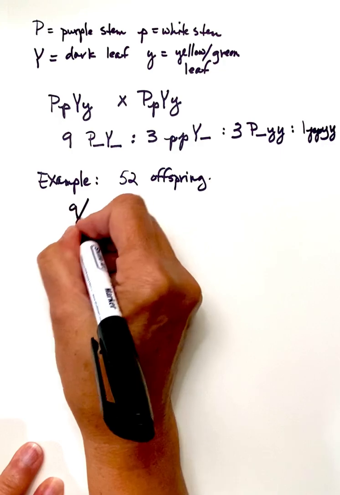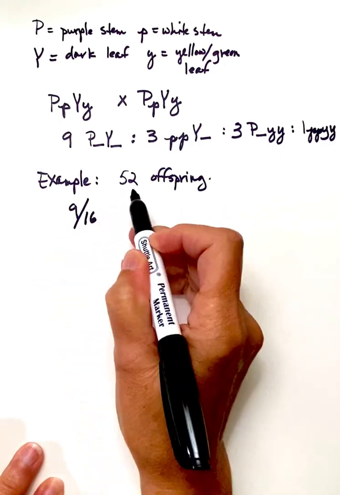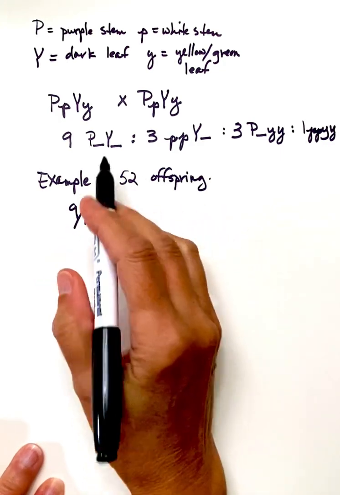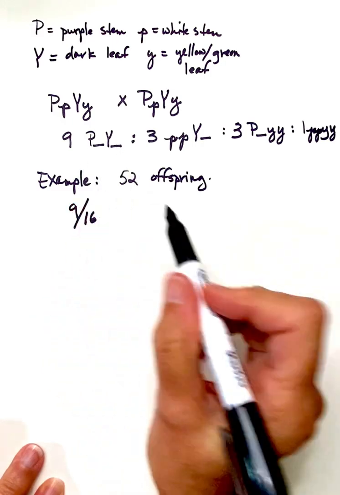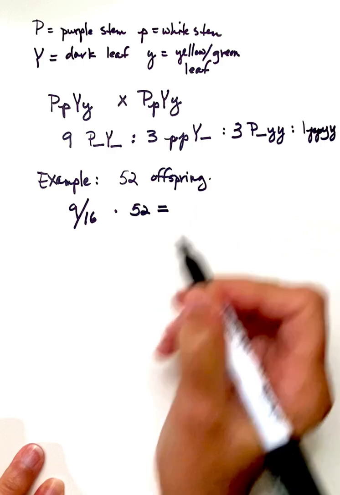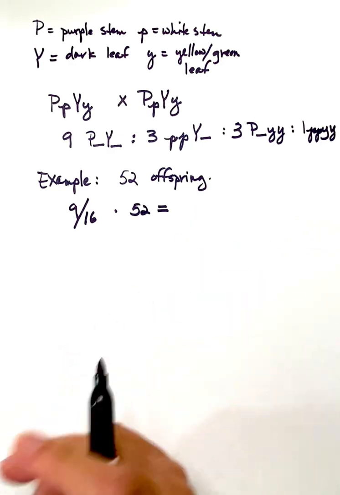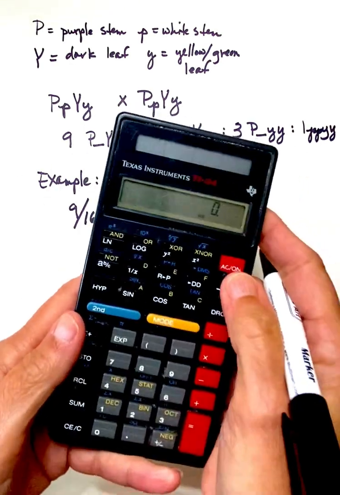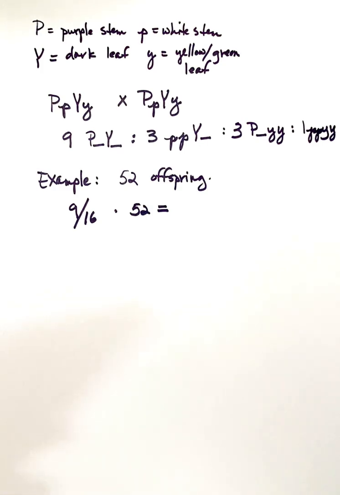So 9 out of a total of 16 out of the 52 should have purple stems and dark leaves. So here you go. Here's how you figure out how many of the 52 that should be. So I've got my handy calculator here. I'm going to do 9 times 52 divided by 16.